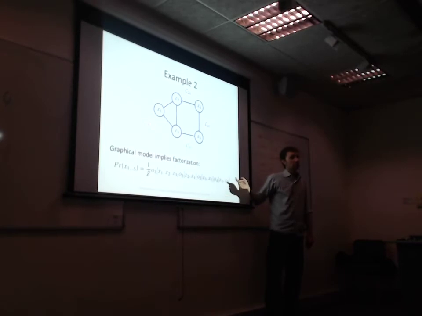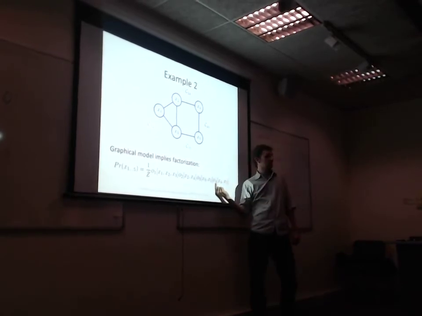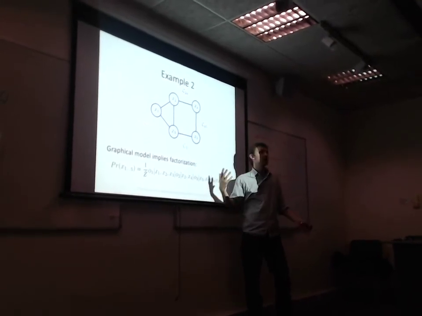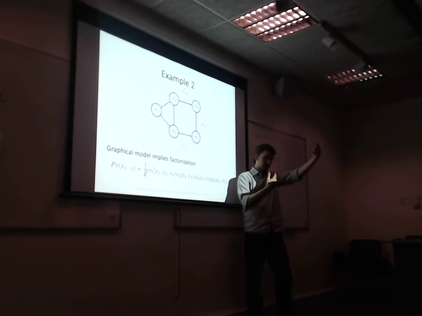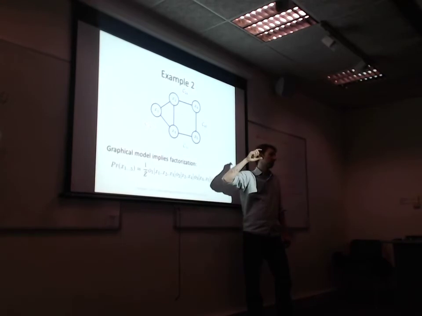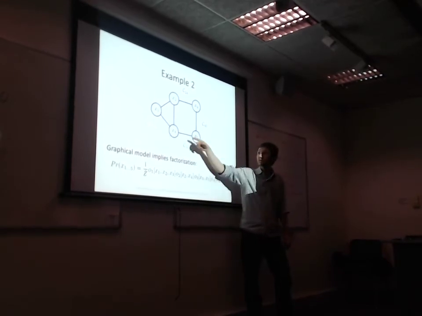So there's only one unique decomposition of this graph into its maximal cliques, which gives you the smallest number of terms, the smallest number of potential functions that you have to worry about. And there's obviously a space of possible decompositions of this into just pairwise cliques, or smaller sets than what we're seeing here.